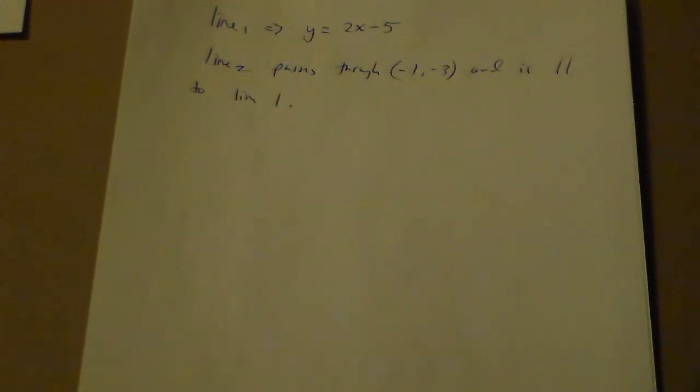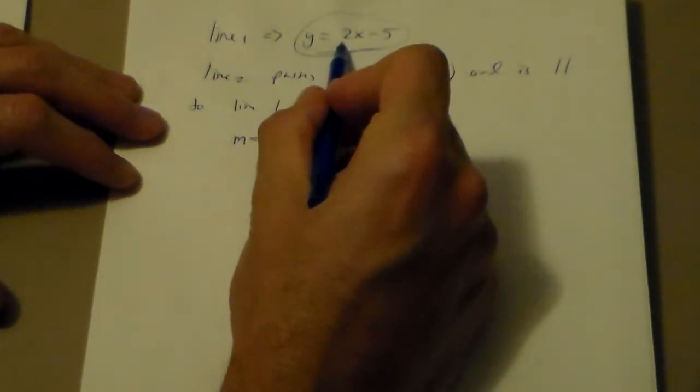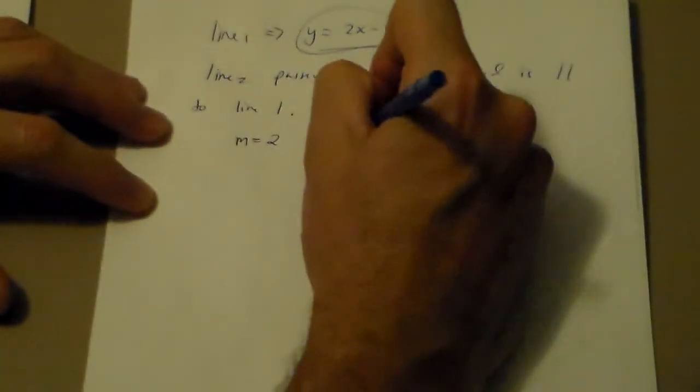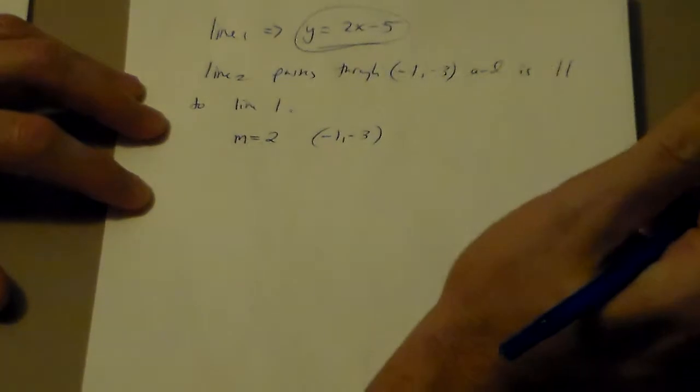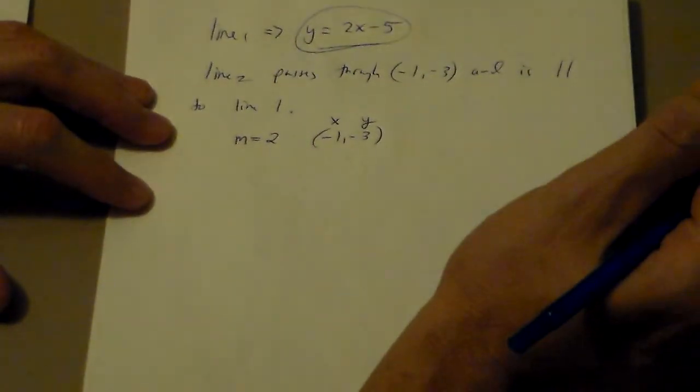Okay, so I hope you paused the video and gave that one a try. We're going to take a look at it, okay? So if it's parallel to this line, it means it has the same slope. So the slope of this line is 2, so the slope of my new line is 2. My point that it passes through is (-1, -3), and that's an x, and that's a y.